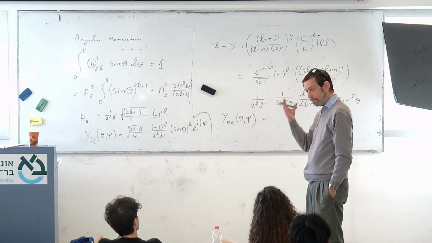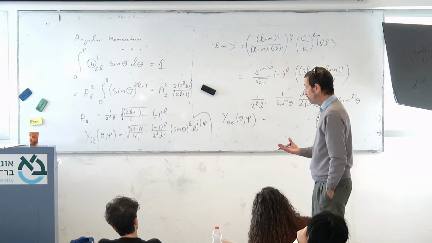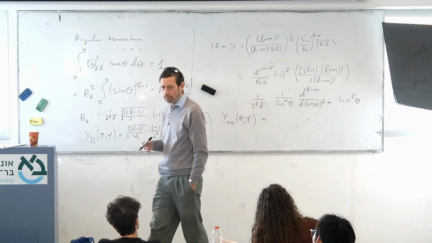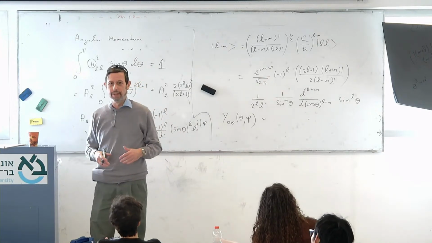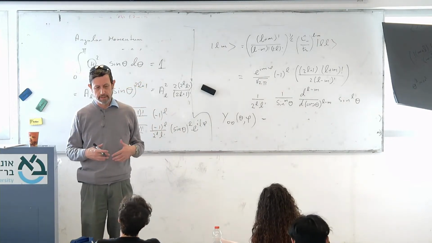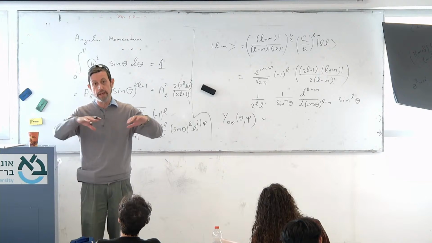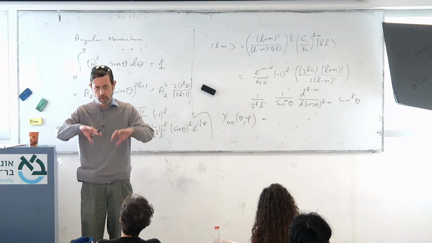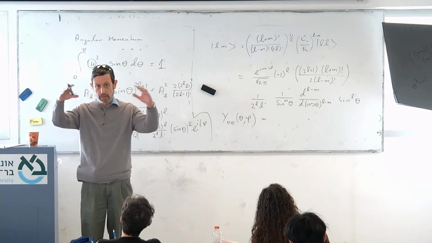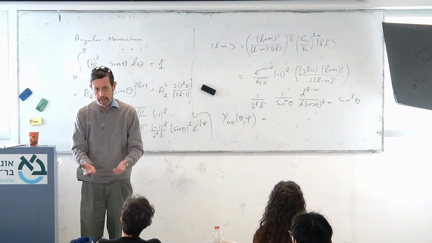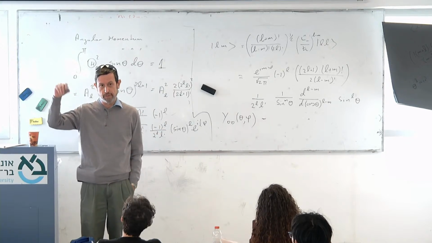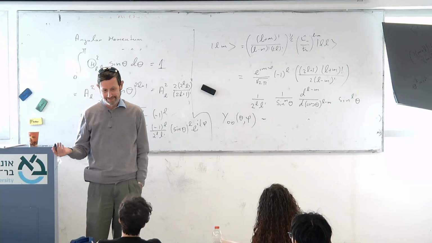Constant? Must be a constant. First of all, let's take our one-dimensional type of intuition. If we have no potential, the function in the theta and phi field has to be the same everywhere. And because it's the lowest state, it can't have oscillations in it.